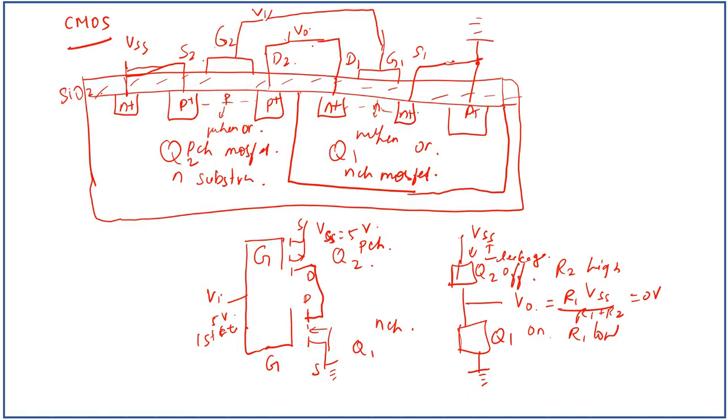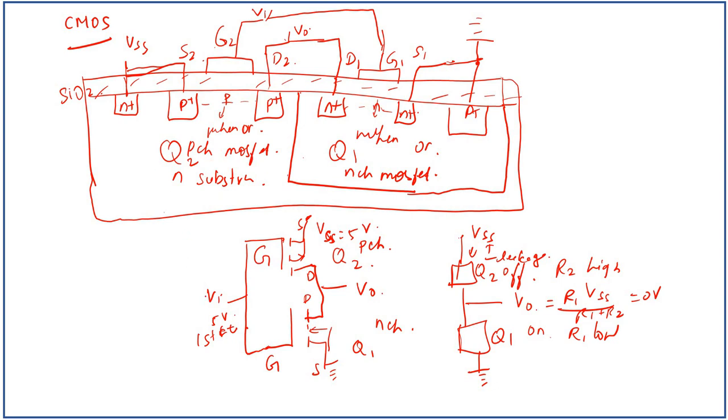Both the drains are connected to the output voltage V0. Source 2 is connected to VSS, and source 1 is connected to ground. Both the gates are connected to the input voltage Vi.